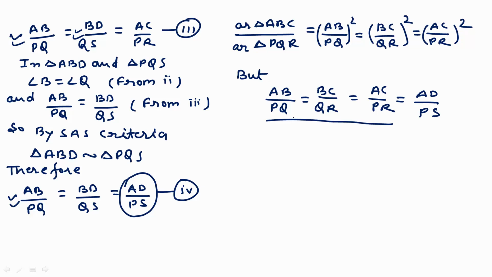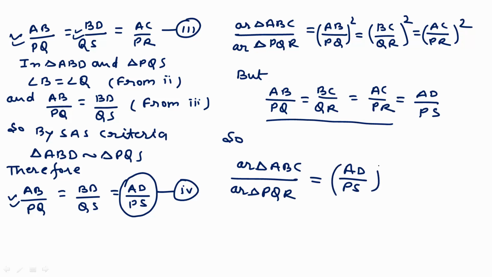Put the value of these three relations, AB upon PQ or BC upon QR or AC upon PR. So area of triangle ABC upon area of triangle PQR is equal to AD upon PS whole square. And this question has been proved.